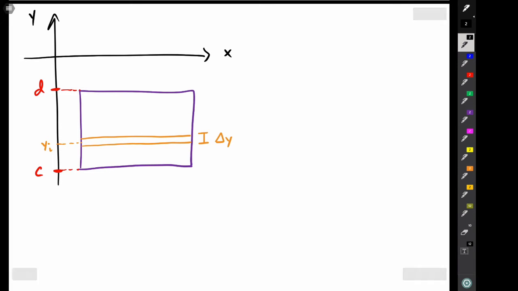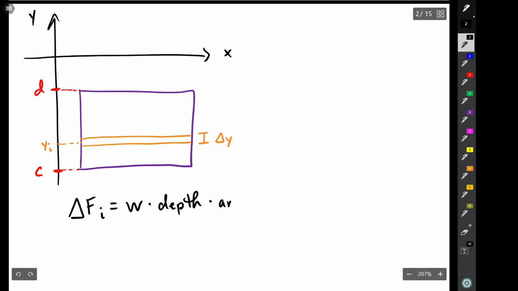So on this part, the force exerted is delta Fi, and it's going to be the weight density of our fluid, whatever that happens to be, times the depth, times the area of that.